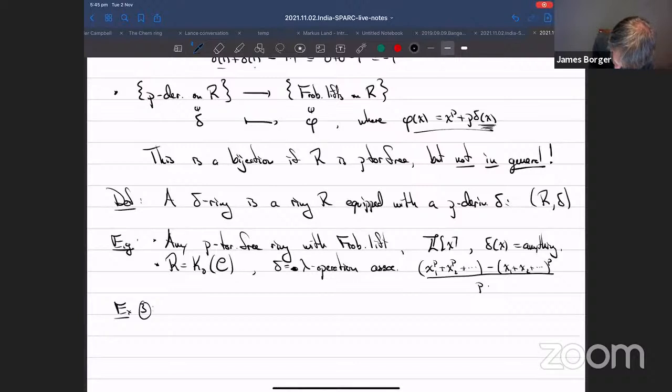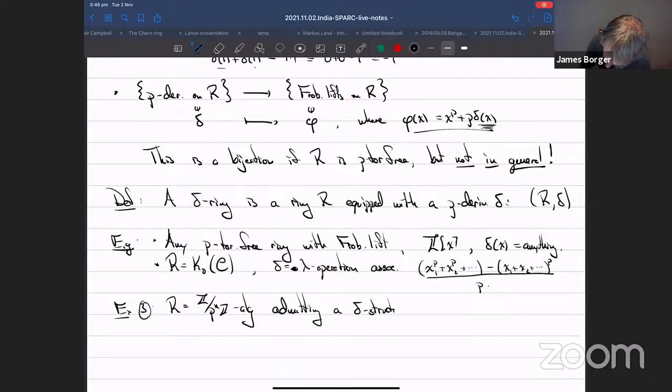So if R is a Z/p^n Z algebra admitting a p-derivation, or I'll often just call it a delta structure, the structure of a delta ring on it, which is just the same thing as a p-derivation, then R is the zero ring. So no non-zero rings in which p is nilpotent admit a delta structure.